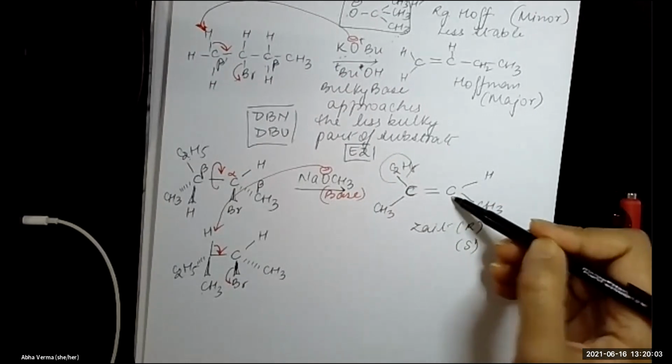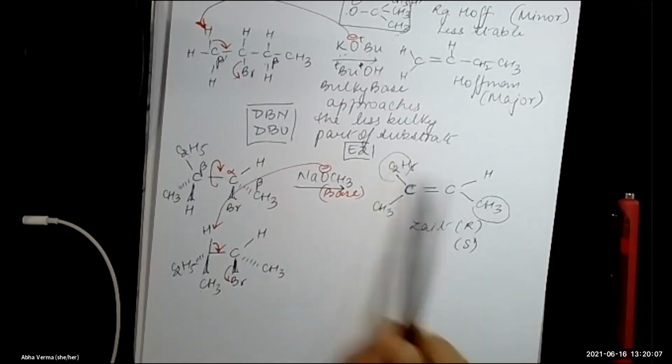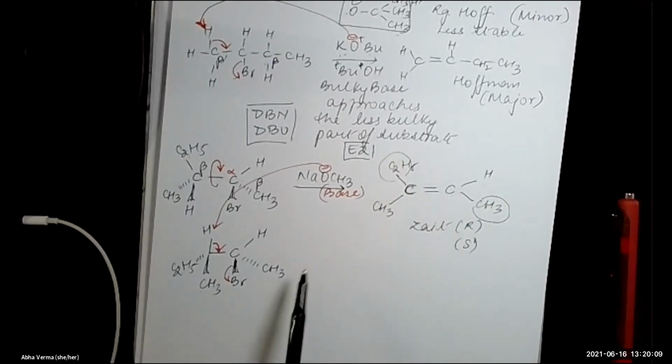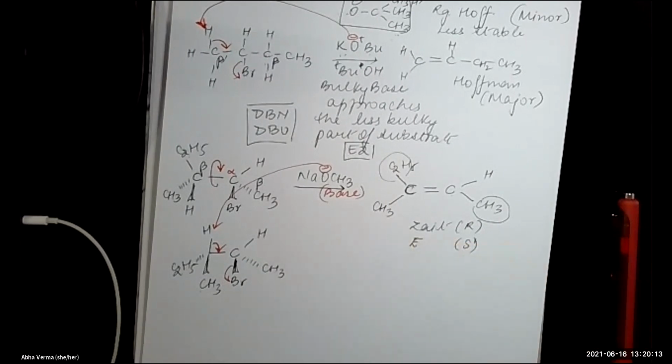If you look on this carbon, who is the priority group? And the priority groups are opposite to each other, or trans to each other. So the stereochemistry is trans, or E. Do you see how I got this? Not the Z version, I got the E version.